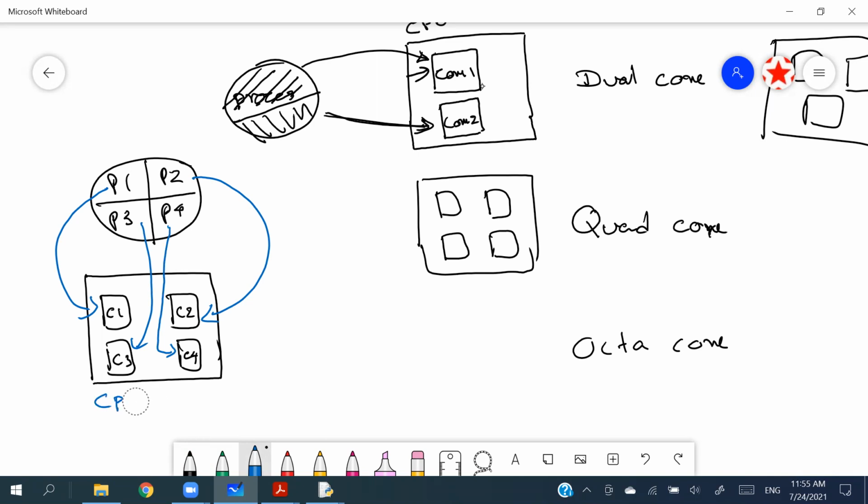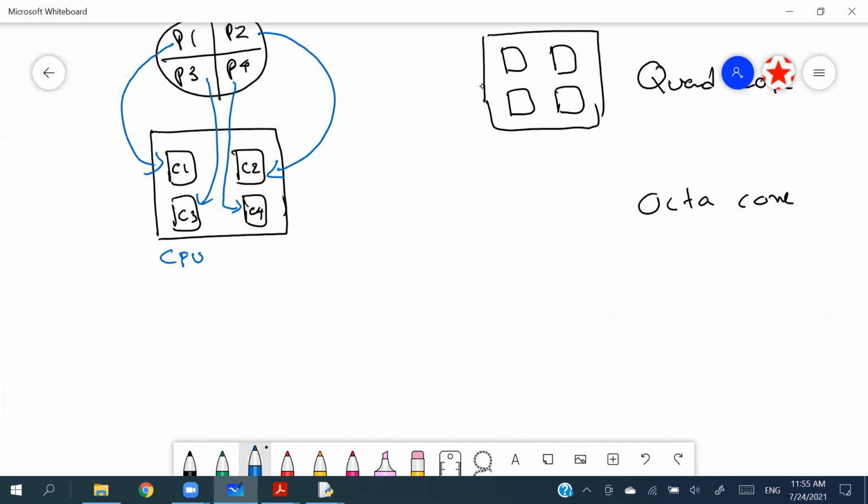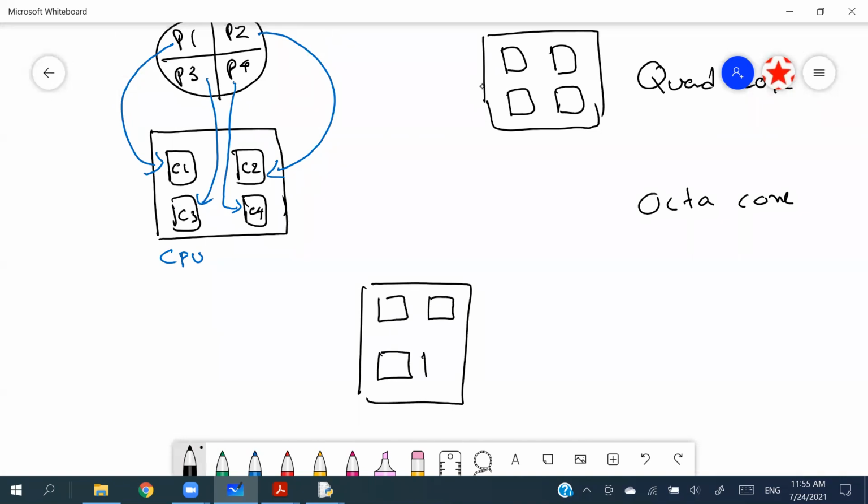As well as there is another situation where we are having 4 cores. We can execute different kinds of processes. It is not one process being split into two or three, but we can execute four processes.